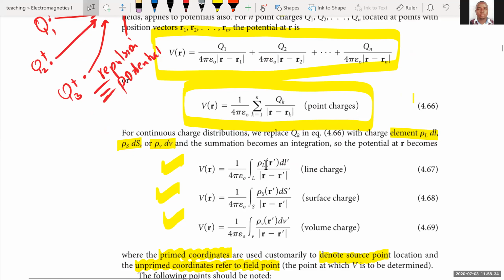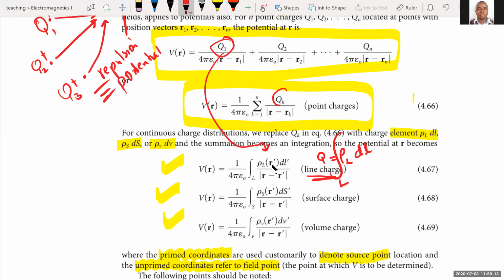The only thing we are changing from this point is the Q. You can replace the Q that we had, if you had only one, with, if it was a line charge, Q equal to rho L, the line charge density, with elemental length dl, and then you integrate over the length of the line.